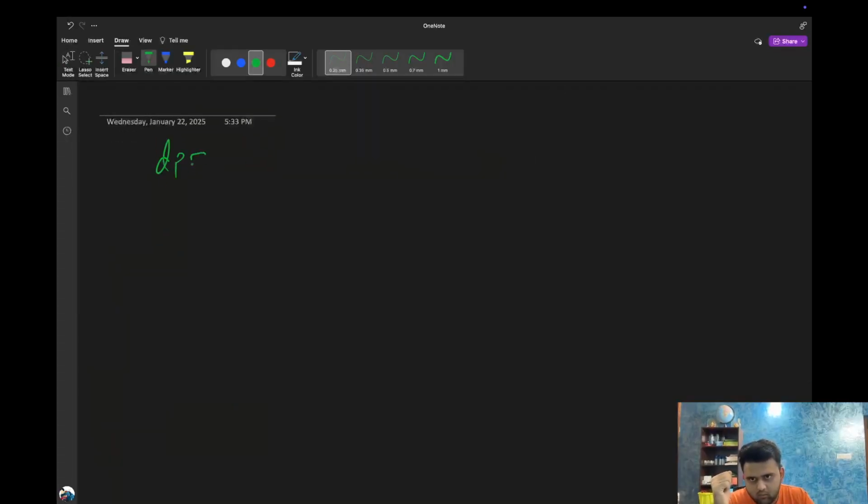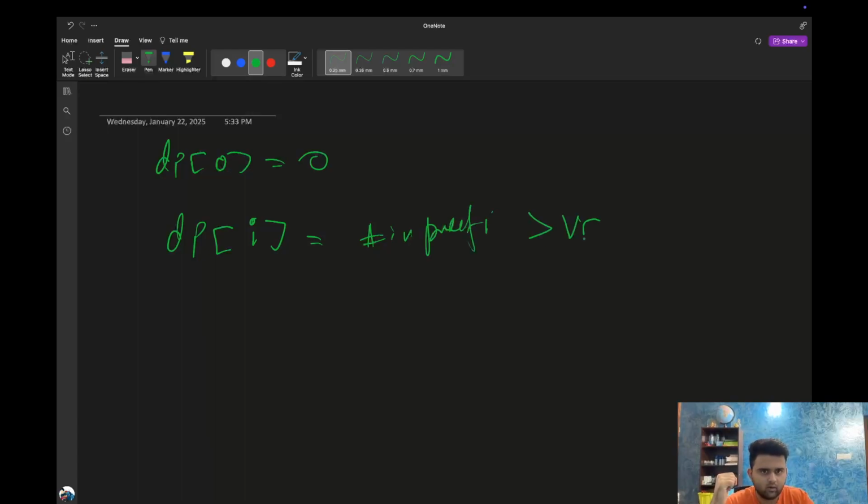So dp of 0 is 0, dp of i is equal to the max over num in prefix greater than v of i, plus 1.